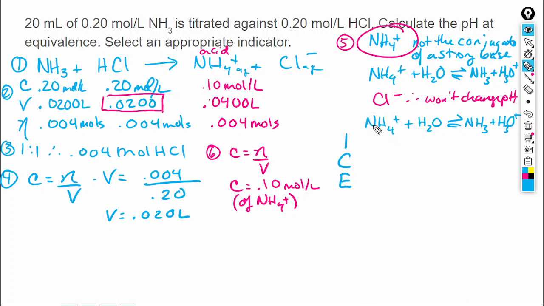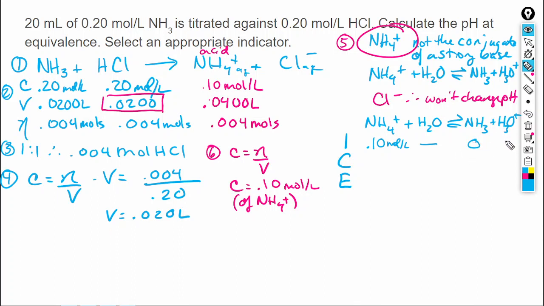Is this acting as an acid or a base? Acid, good. What's the initial concentration of my acid then? What's the concentration of my NH4 plus? 0.1. Don't care about the concentration of the water. What is my initial, before equilibrium happens, concentration of NH3? 0.